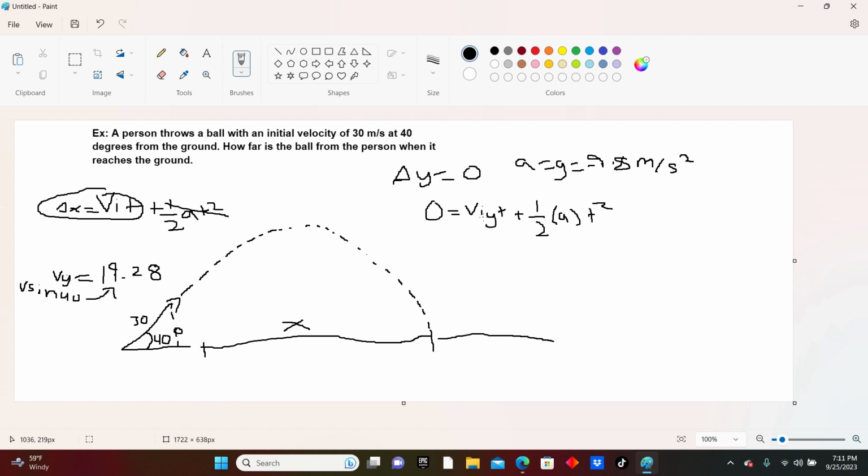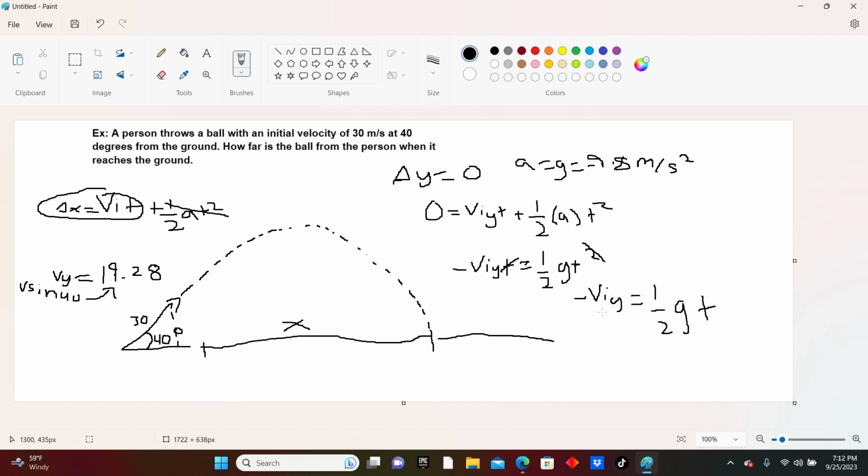We can bring this viy t to the left side since it's 0. So negative viy t equals 1/2 g t squared. And one of the t's can cancel out, and we lose the squared. So we get negative viy equals 1/2 gt.